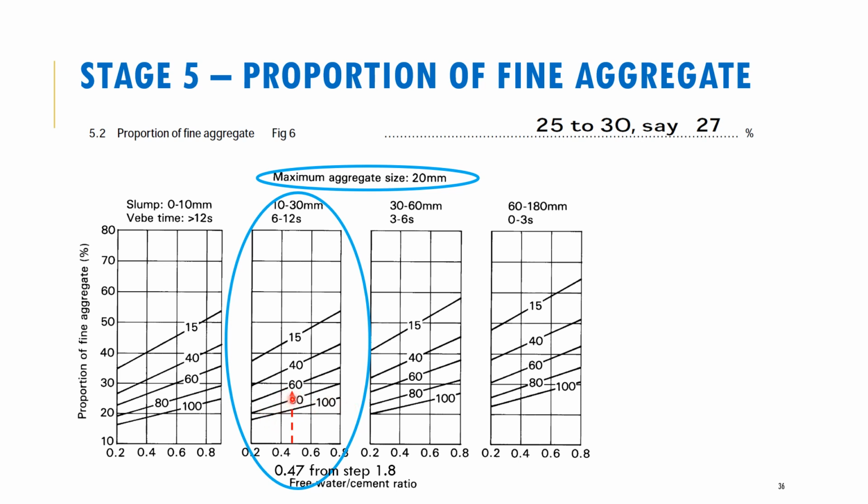That's why my red arrow stopped midway between 60 and 80. If I go across and read the y-axis, it's about 27. That's why I've got 27% over here. So that's step 2, stage 5.